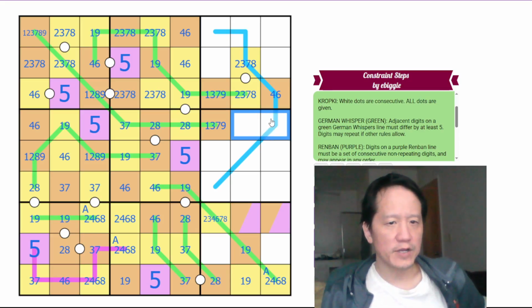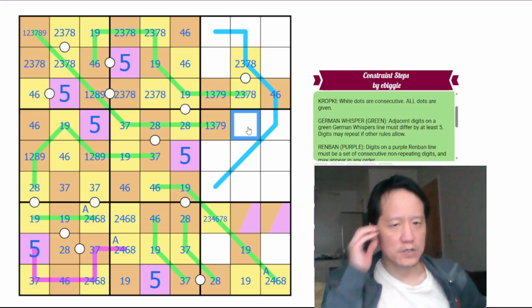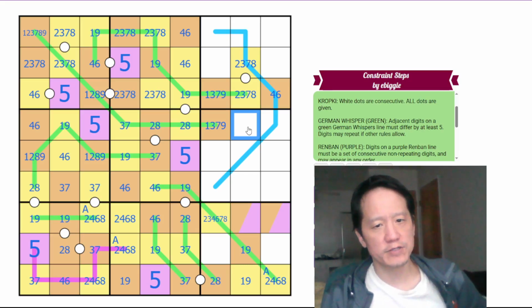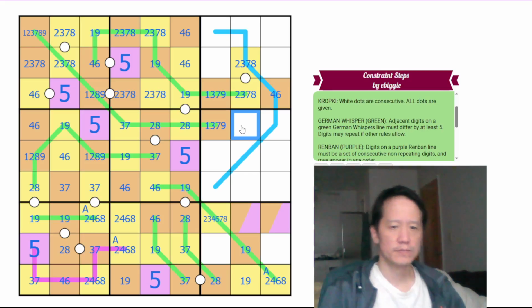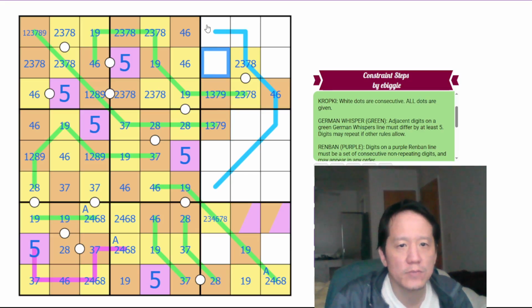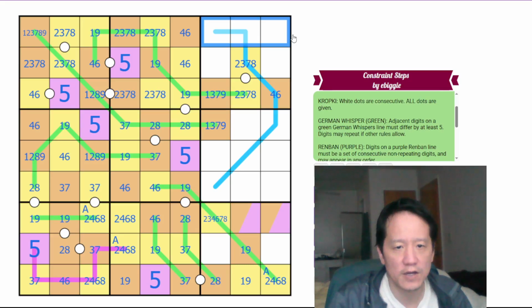We have remaining here a yellow 4, 6 and an orange 1, 9 and 3, 7. One of these is 5.